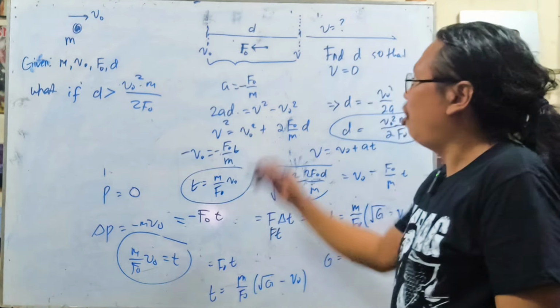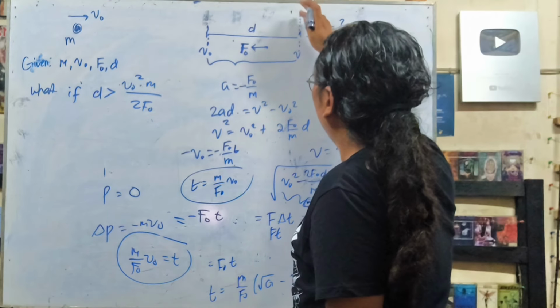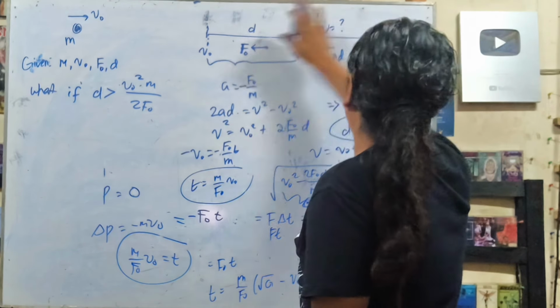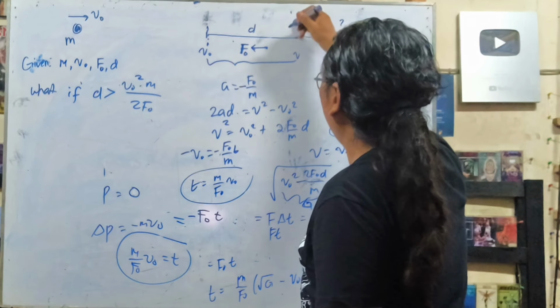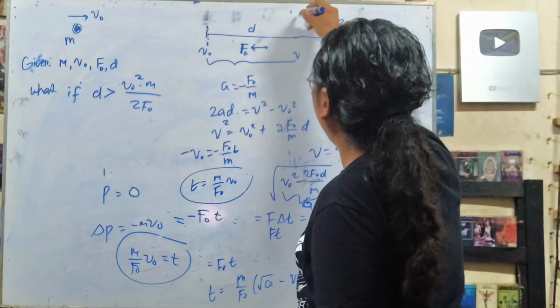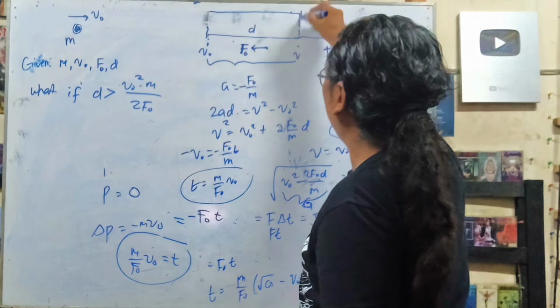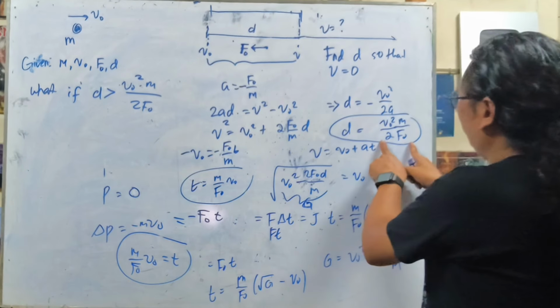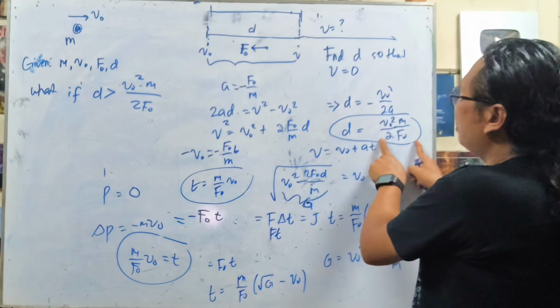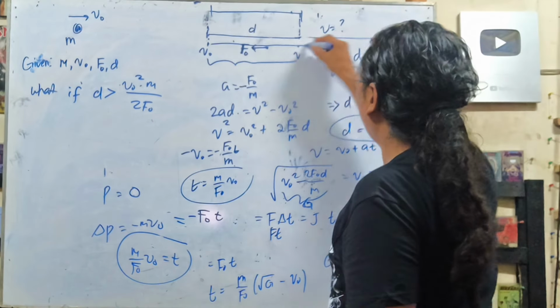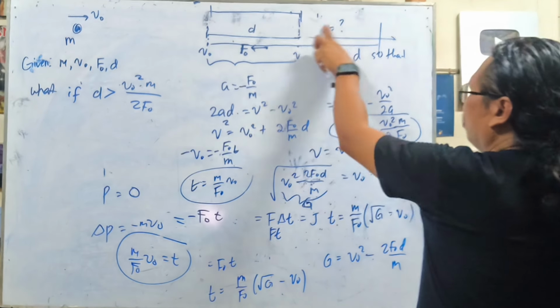Why is that? Okay, suppose that this is where d is up to that point, and we don't know that, but this point right here, this distance is exactly this. But then the force in this region extends up to this region.